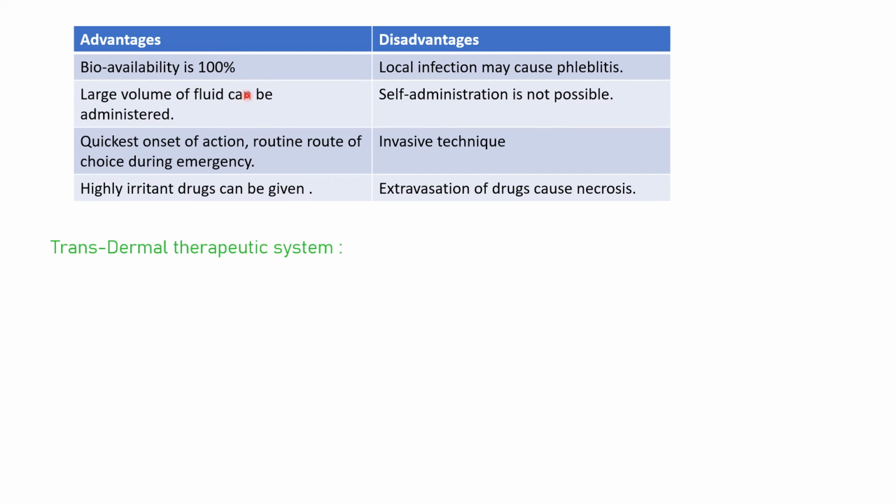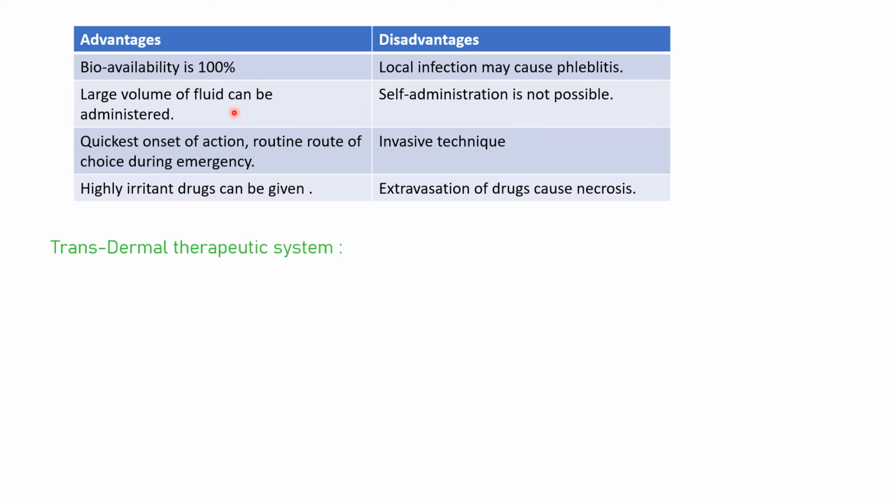So I have put together advantages and disadvantages here. Bioavailability. Again, we will make a separate video on bioavailability. Don't worry about that. Bioavailability is 100%. A large volume of fluid can be administered through the IV route.